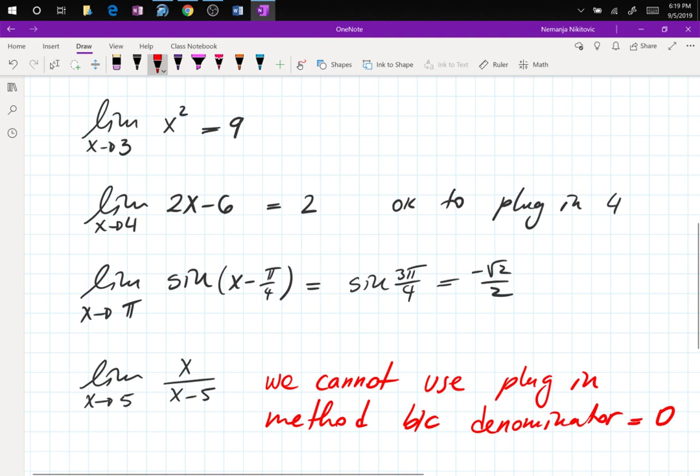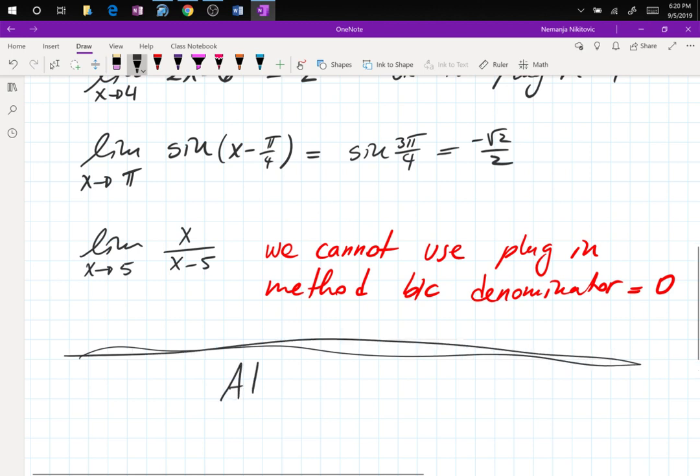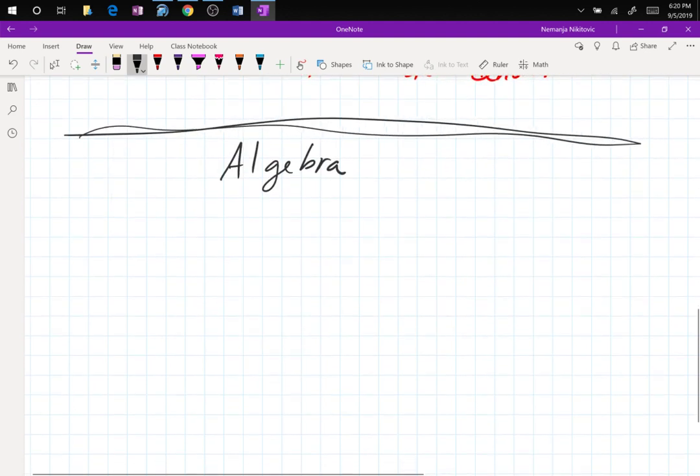So plug-in method obviously is easy because you are technically repeating what you learned in pre-calculus and algebra. You plug in the value for x, you calculate the number, and you move on with your life. It's the algebra part where we need to pay attention.